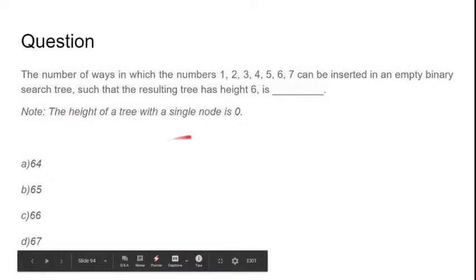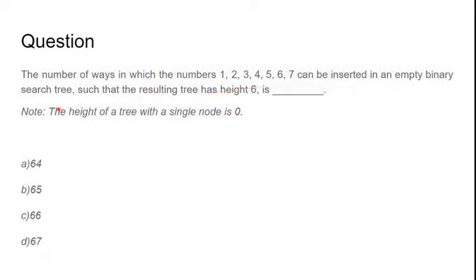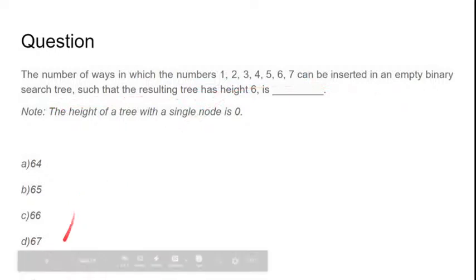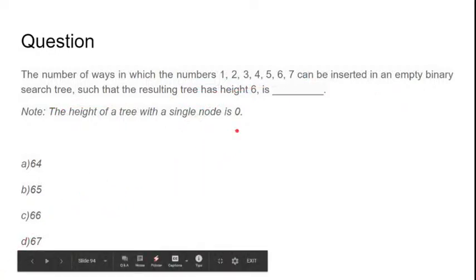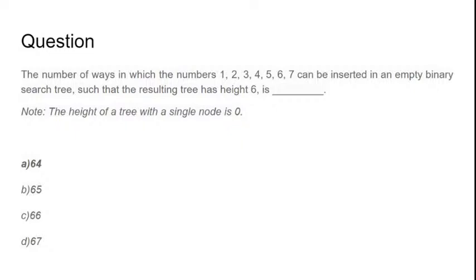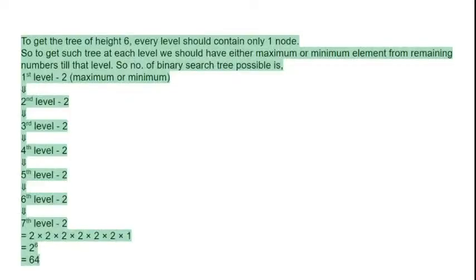The number of ways in which the numbers 1 2 3 4 5 6 can be inserted into an empty binary search tree such that the resulting tree has height 6. The height of the tree with a single node is 0. To get a height of 6, every level should contain only one node. So to get such a tree, at each level we should pick either the maximum or minimum element from the remaining numbers.